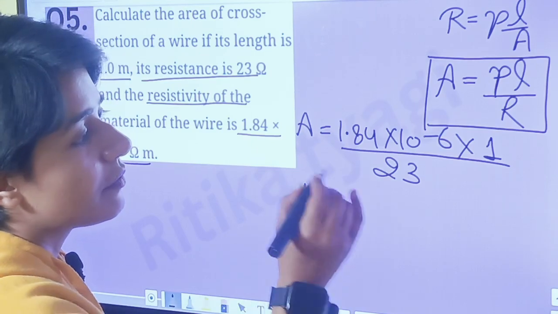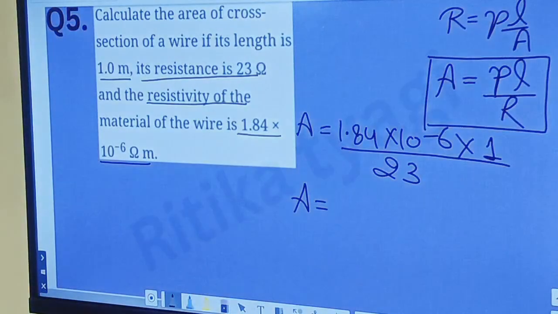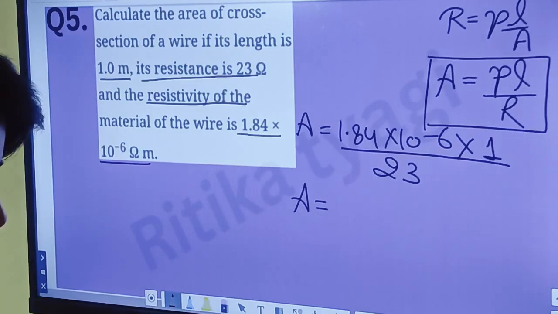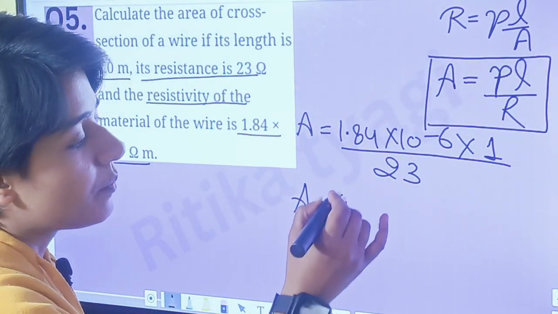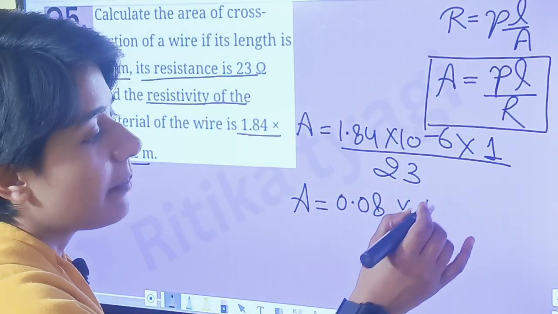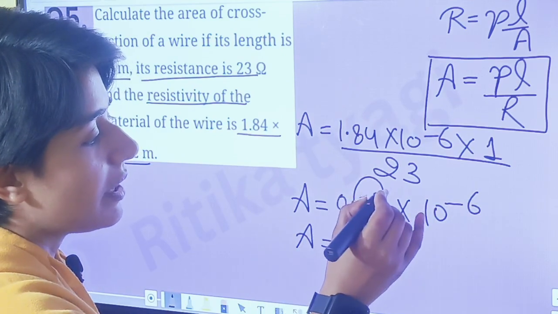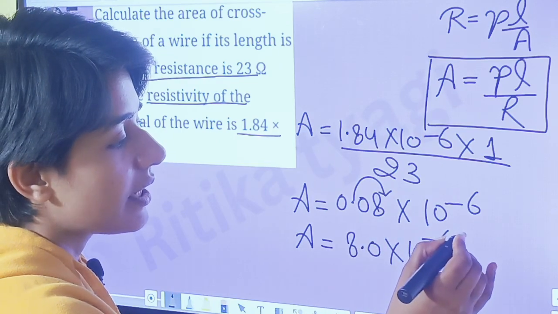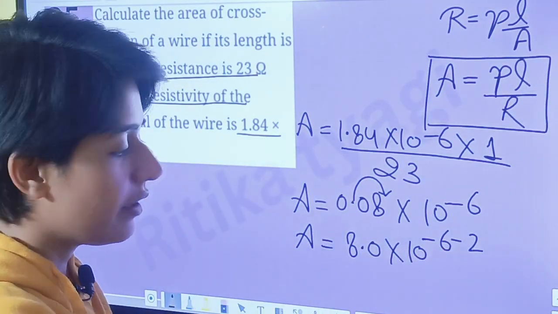On calculating it, we get 0.08 multiplying 10 to the power negative 6. Here, displacing the decimal, that is 8.0, is equal to 10 to the power negative 6 and 10 to the power negative 2, because we displace the decimal by 2 digits, that is negative 2.